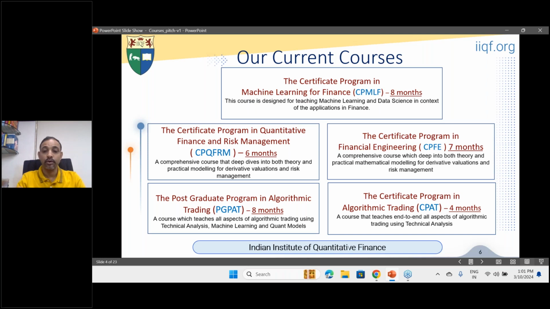We have a deeper mathematical course called certificate program in financial engineering, which goes deeper into the mathematical aspects. So building a mathematical background in terms of deep algebra, calculus, stochastic calculus, numerical methods, deep probability and distribution theories, and then applying that for mathematical modeling, or other quant modeling for derivative valuation, pricing models, risk management, and all that.